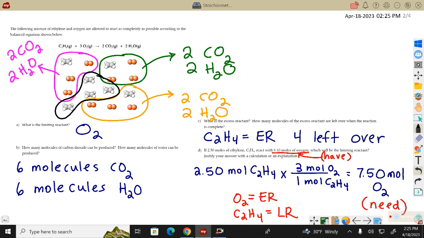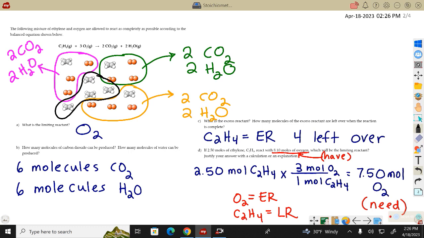How many total carbon dioxide and water can be produced? 6 of each. I can run the reaction completely 3 times. So I've got 6 carbon dioxide and 6 total water. Part C, my excess reactant is the C2H4. There are 4 of them left unreacted.